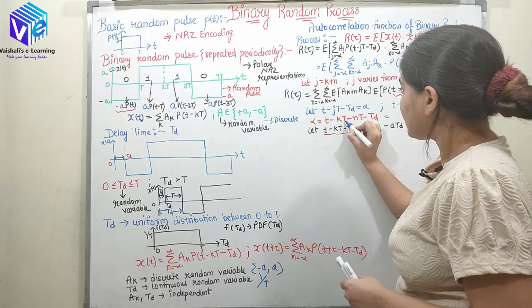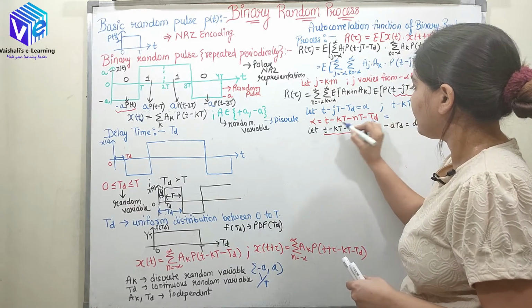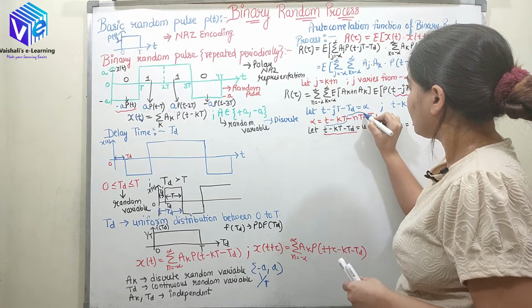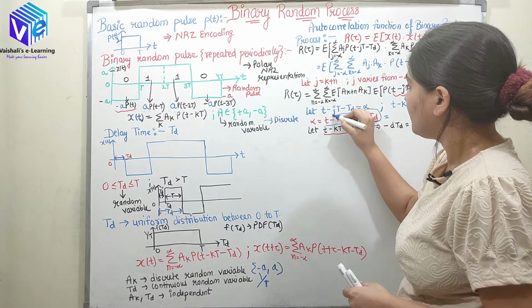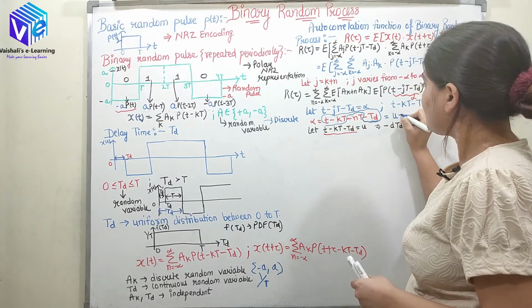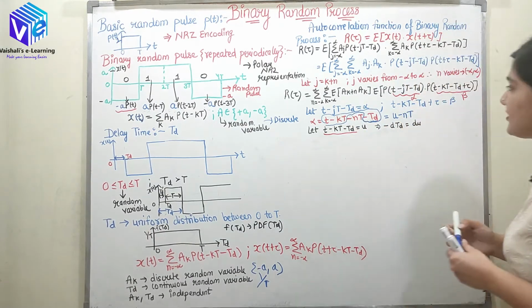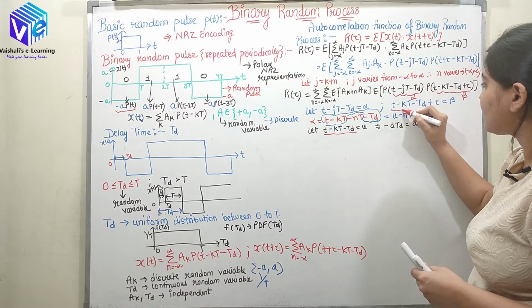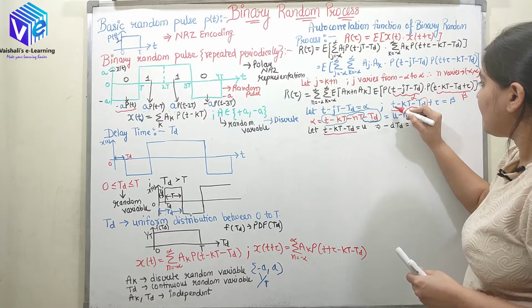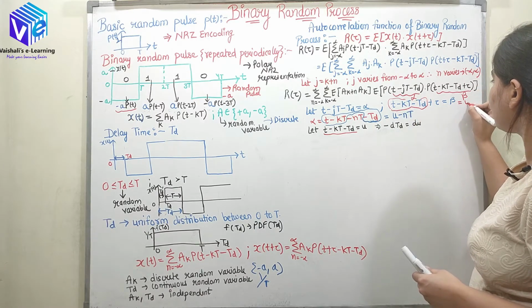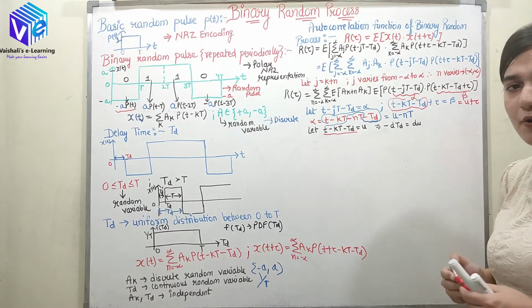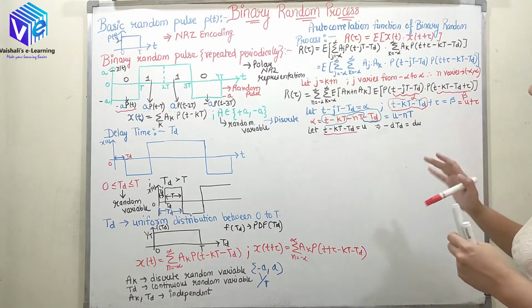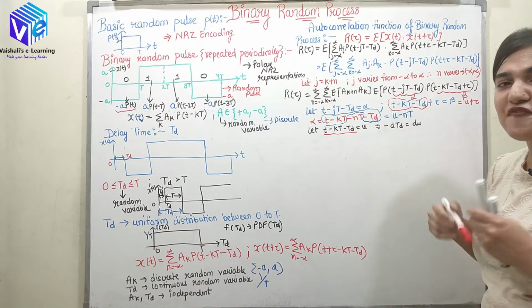This t - kT - t_d is u, so alpha is equal to u minus nT. Similarly, if I represent beta also, t - kT - t_d is u, so it can be represented as u plus tau. Now I can represent my p in terms of u.